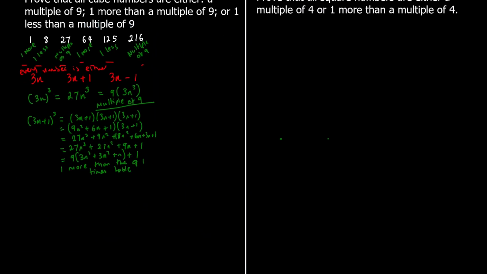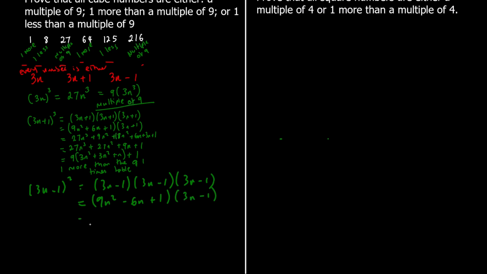And for 3n minus 1, we've got 3n minus 1 cubed, which is 3n minus 1 times 3n minus 1 times 3n minus 1. The first 2 brackets expanded would be 9n squared minus 3n minus 3n plus 1, and then that's times 3n minus 1 again.